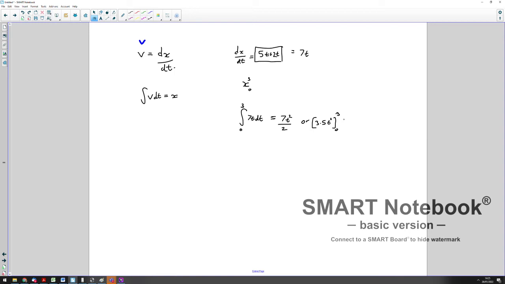I've ignored the plus c because I know in this example that my c is going to be 0, because our displacement for a rocket starts at 0 meters at time equals 0.